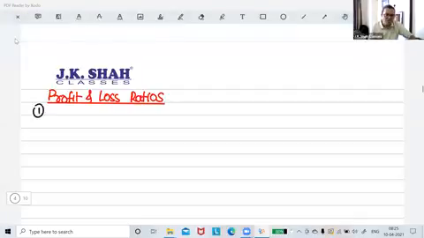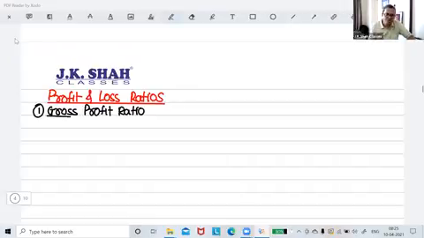The first one, gross profit ratio. And I'm sure you know this formula. What is that?